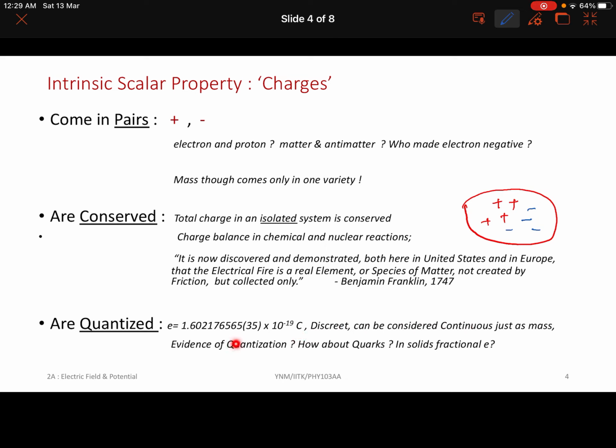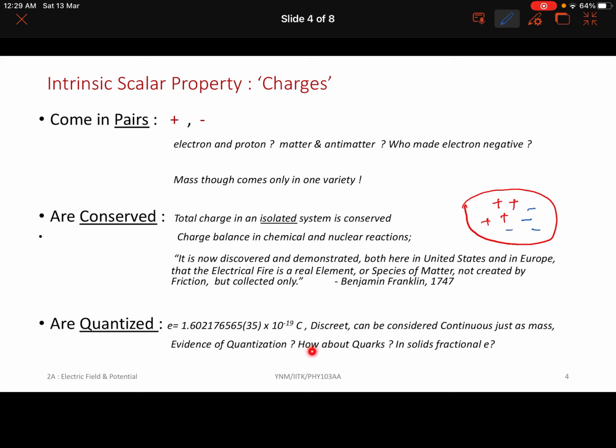Is there evidence of quantization? Plenty now. Almost every day in the laboratory there are phenomena in which what underlies the phenomena is the quantization of charges. We'll talk about some of them later.